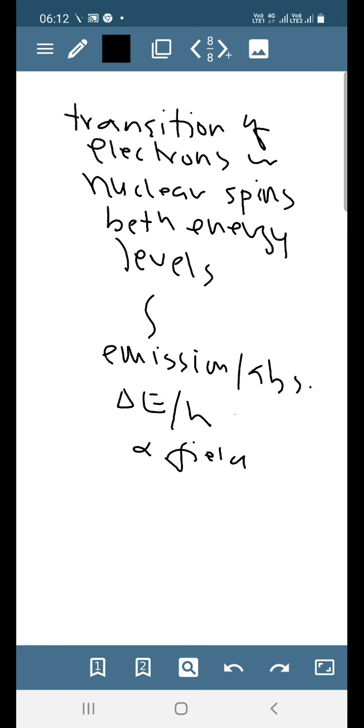For practical reasons, the magnetic field is between 1 to 5 Tesla for the nuclei, and for the electrons it is 0.3 Tesla.